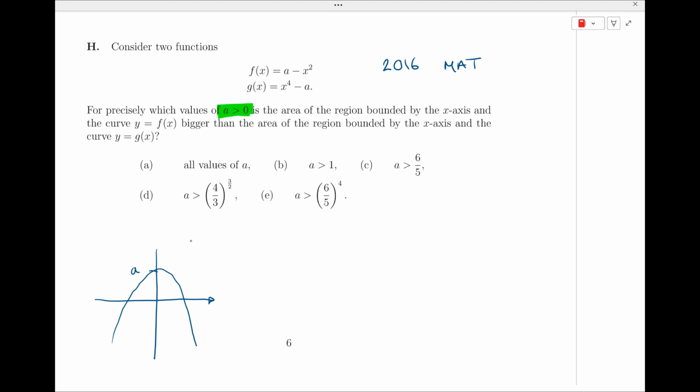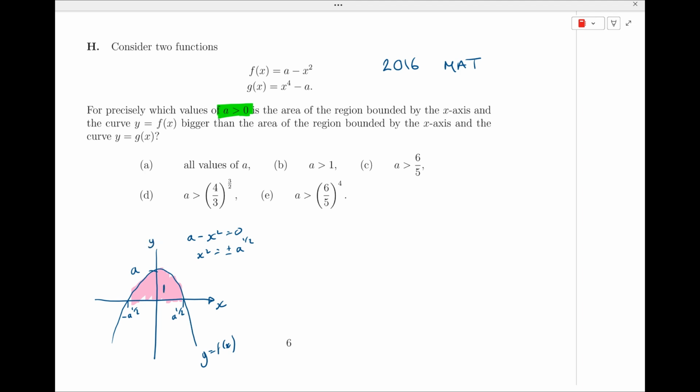And if we think about when f of x is 0, because we want to find the limits of our integral so that we can find this area here that's mentioned, we'd solve f of x equals 0, i.e. a minus x squared equals 0, which tells us x squared equals a, so x equals plus or minus a to the half. So we've got minus a to the half and plus a to the half. And this is y equals f of x.